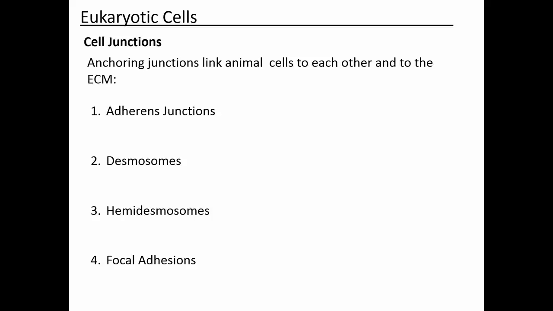Okay. So these are going to connect cells to each other, so two cells together, also via cadherins. And then one of the differences between desmosomes and adherens junctions is that desmosomes are connected to intermediate filaments on the inside of the cell.